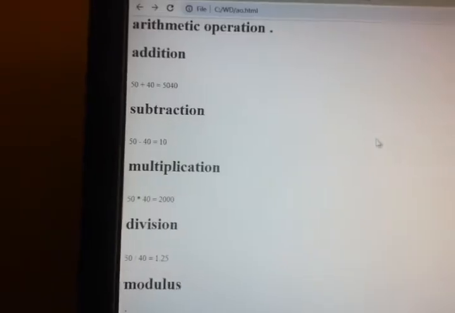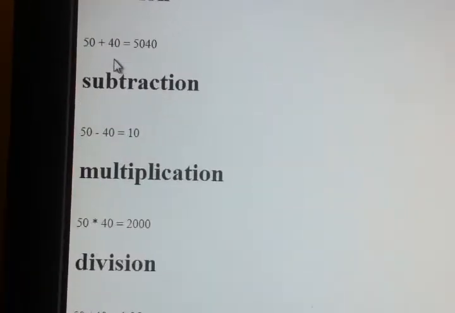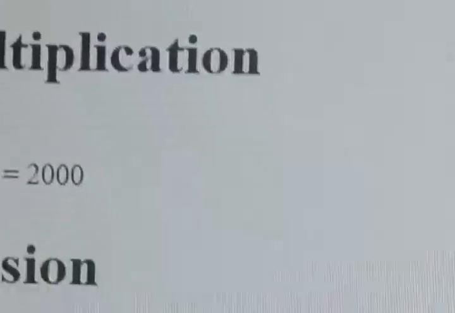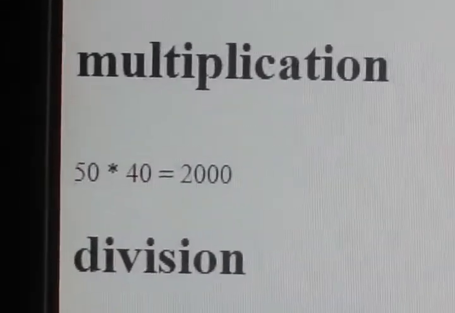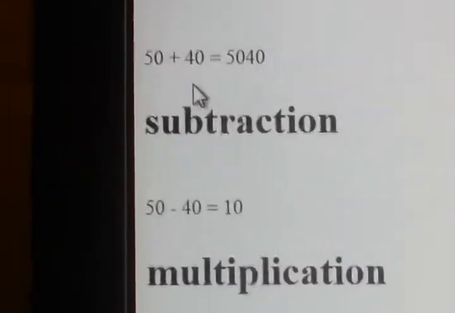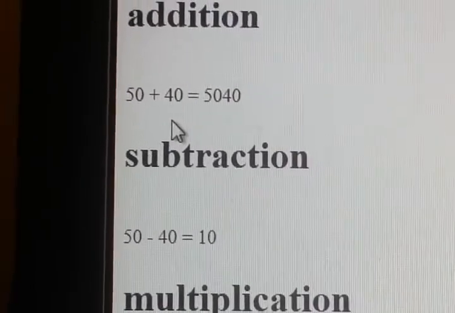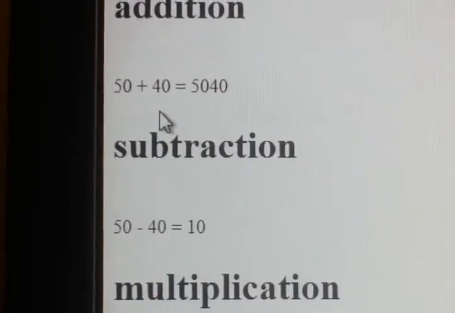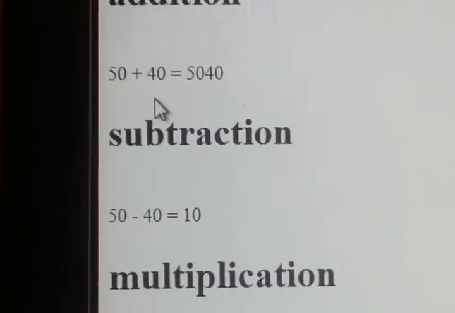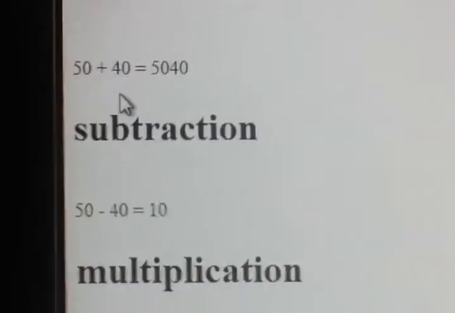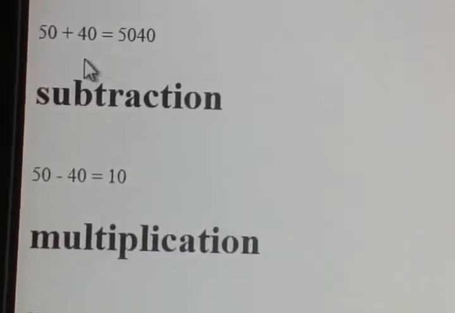See, addition, 50 plus 40, what did I get? 50 plus 40 I got 5040. Is that correct? No, it is not correct, because it is accepting the input as a string.